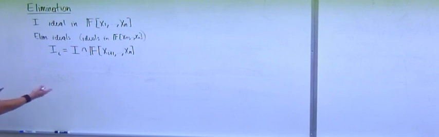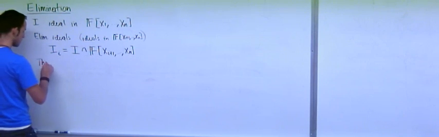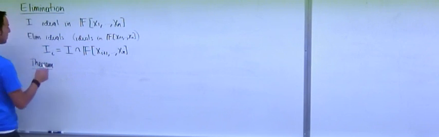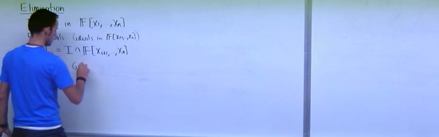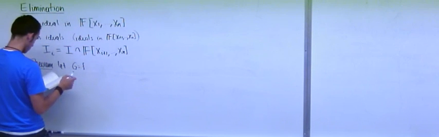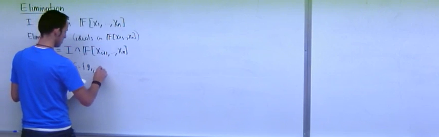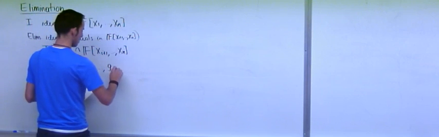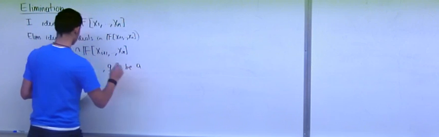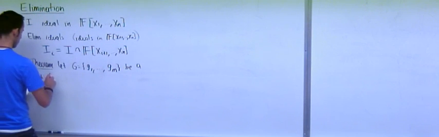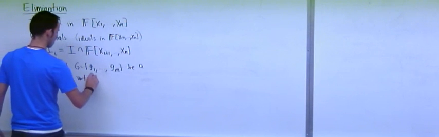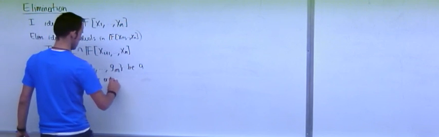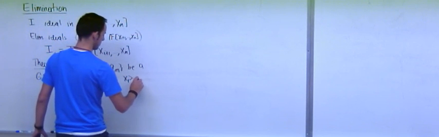So we wanted to compute these, and I told you that there's this amazing thing, which is that if you have a Gröbner basis for this ideal, which you can construct, so let G be a Gröbner basis for I, with respect to the lexicographic order that makes x1 bigger than x2, etc., bigger than xn.